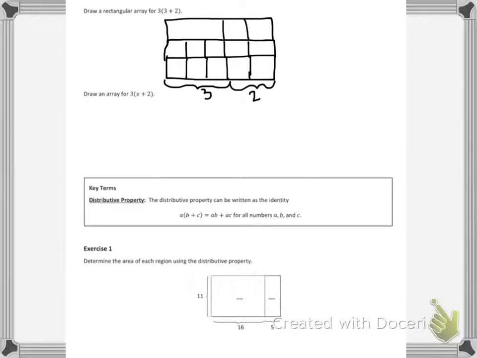So now I have what's called a rectangular array, and you can see here's my 3. And let's just go ahead and shade this in. So we shade in our 2 portion.